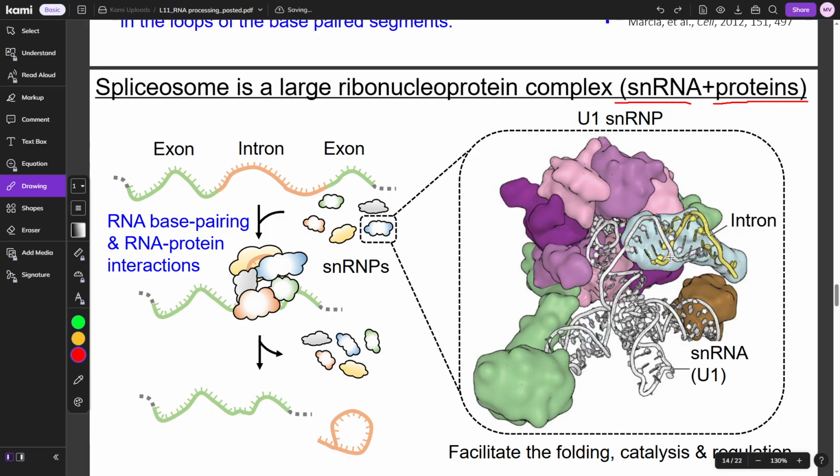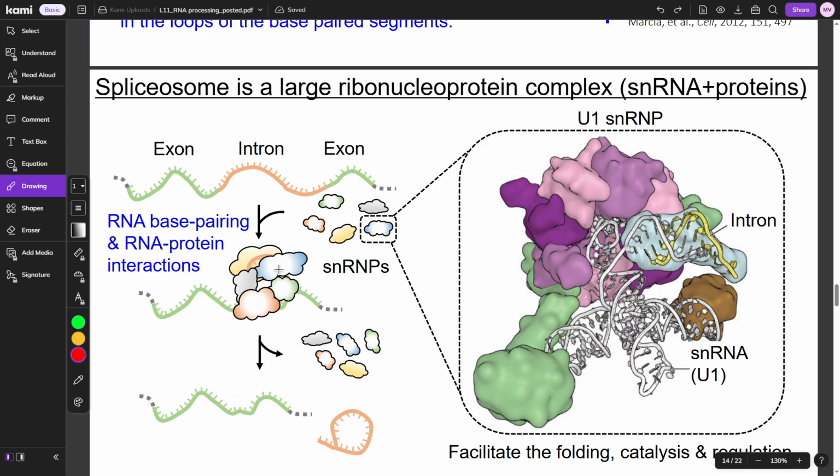And so what happens is when they bind, they use the complementary sequence of the snRNAs to bind to the introns, right? Because these snRNAs are complementary to the introns. And because we have so many of them, these all bind to the intron.